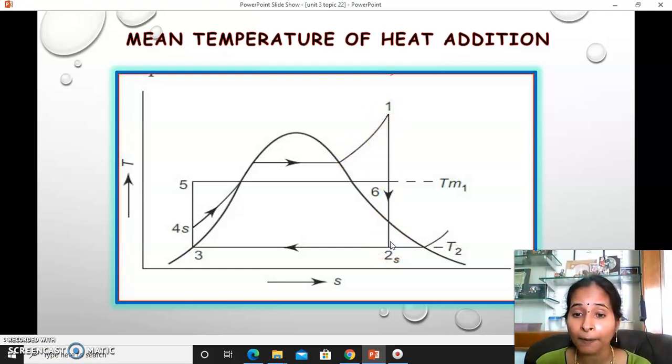Superheating has a very good and positive effect, not only increasing the work done by the turbine expansion, but also increasing the quality of the steam which comes out from the outlet of the turbine, so that the life and reliability of the turbine blades can be saved to a great extent, because the water particles present in the steam will affect both the quality and the material of the turbine blades.